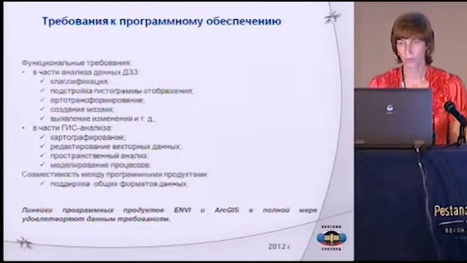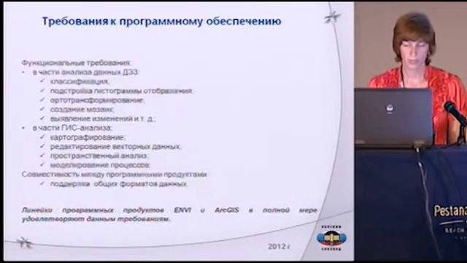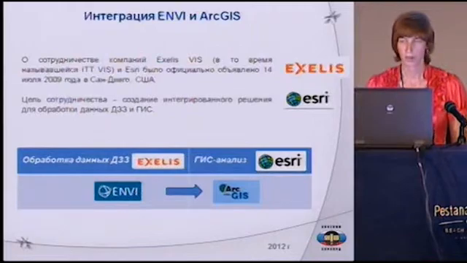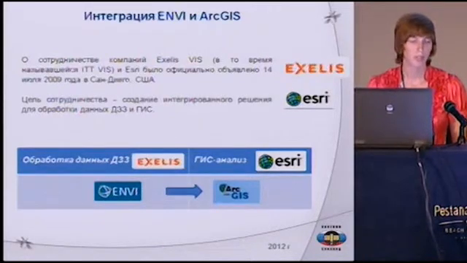ArcGIS products have a wide range of functions. In case of ArcGIS, it's unparalleled, unmatched by anybody on the GIS product market. And there is a high level of compatibility between these two. As far as compatibility is concerned, there is a reason for that.